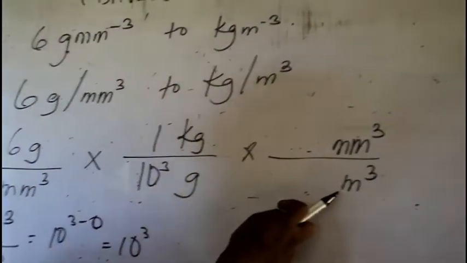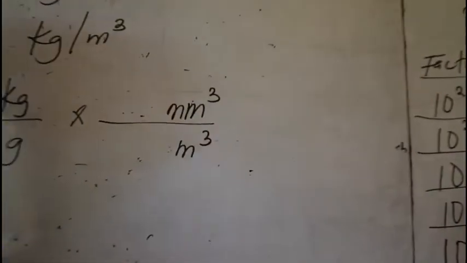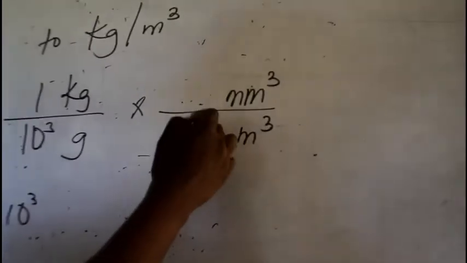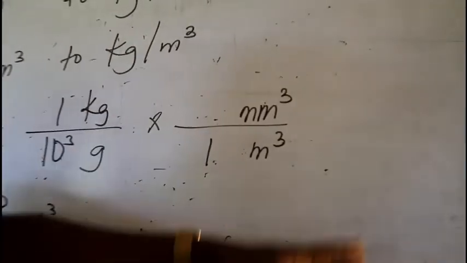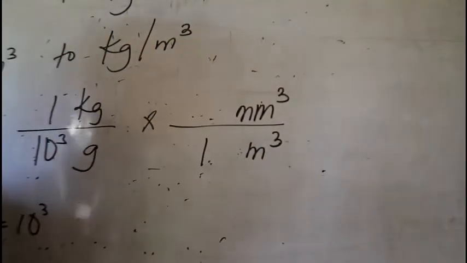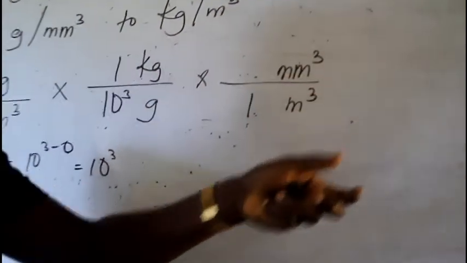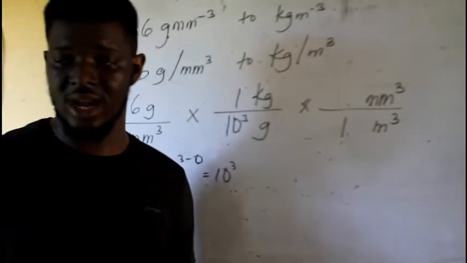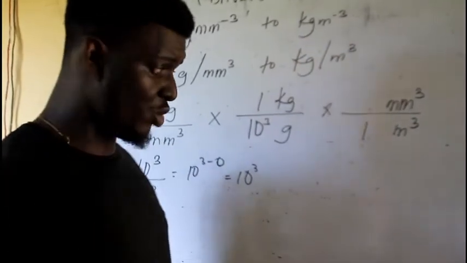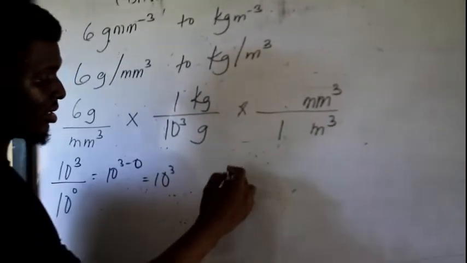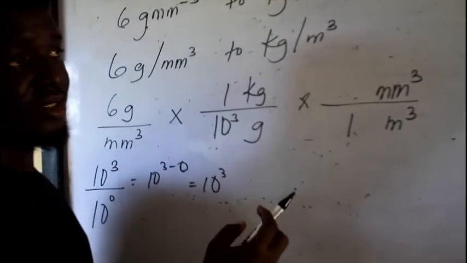Which one is greater, meters or millimeters? Milli is actually lesser than meters, so meters take 1. From the table, please, don't say that I'm doing it because I've practiced better on my table. You have to practice better on your table, then you can write it off the way I'm doing it. So milli is 10 raised power minus 3.